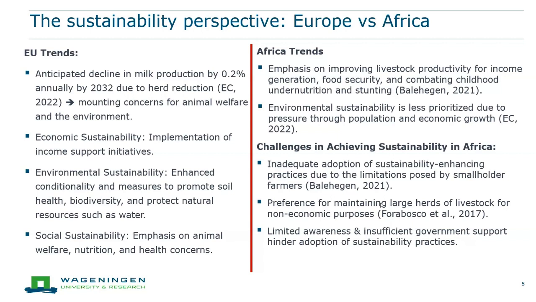They face some challenges in achieving sustainability along the chain. And sometimes when we go to livestock societies, more people prefer to keep large herds, not because they are productive, but just because you want to have a kind of prestige, because you have a huge herd of livestock.